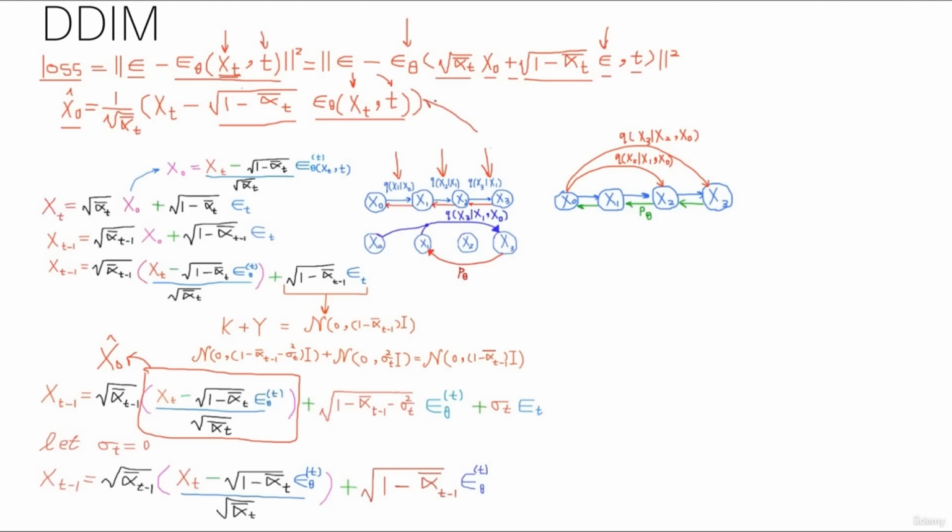This formula is just the formula that we got after applying the reparameterization trick. But here we want to find x0, not xt.